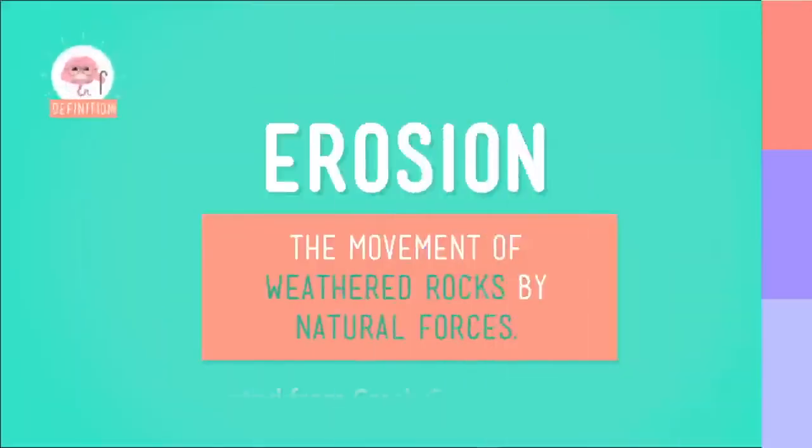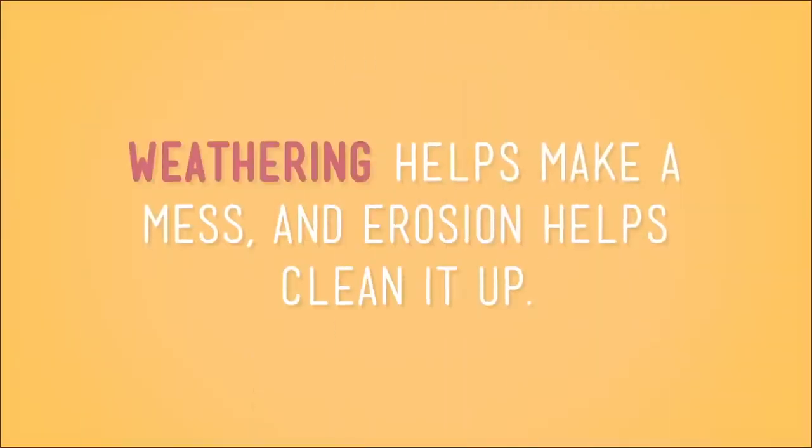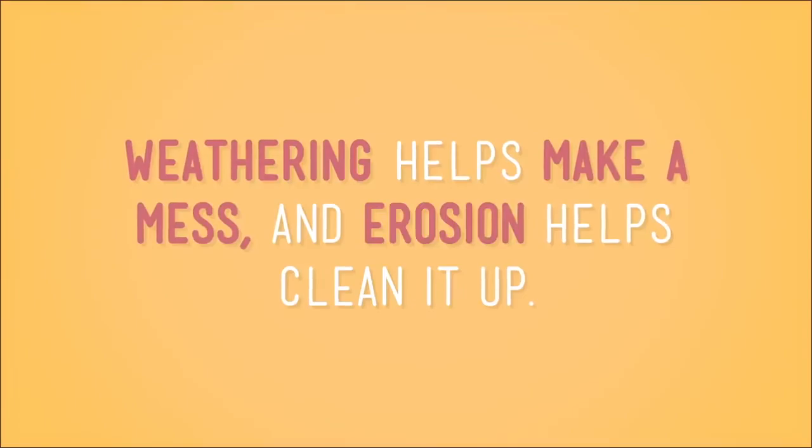And when rocks have been weathered and all broken down and are later moved by natural forces like wind, water, or ice, that's called erosion. Weathering and erosion sound pretty similar, right? Well, yeah. But not exactly. Think of weathering as the hammer that breaks down the rocks. Erosion is the process that carries those rock fragments away, or put in a way we're all familiar with. Weathering helps make a mess, and erosion helps clean it up.